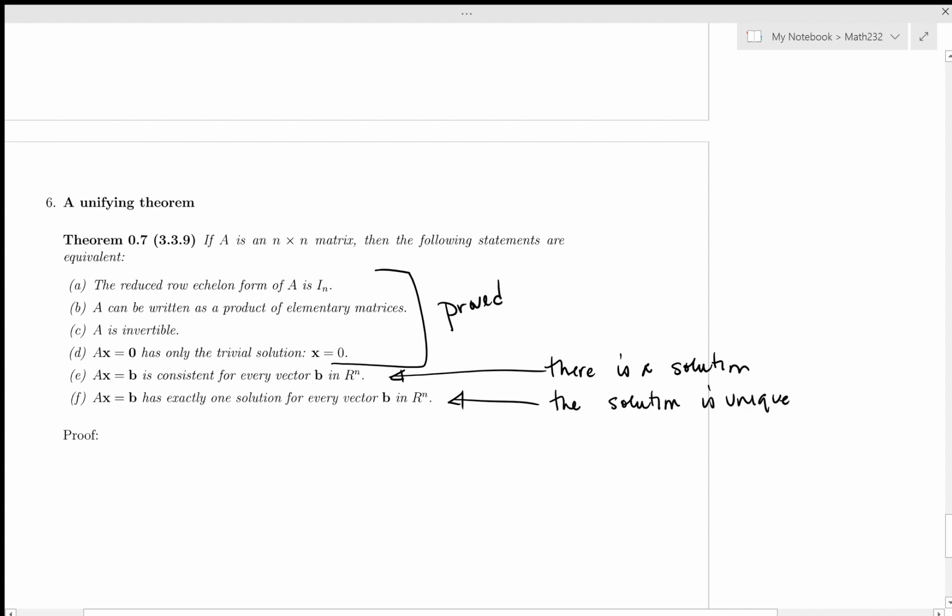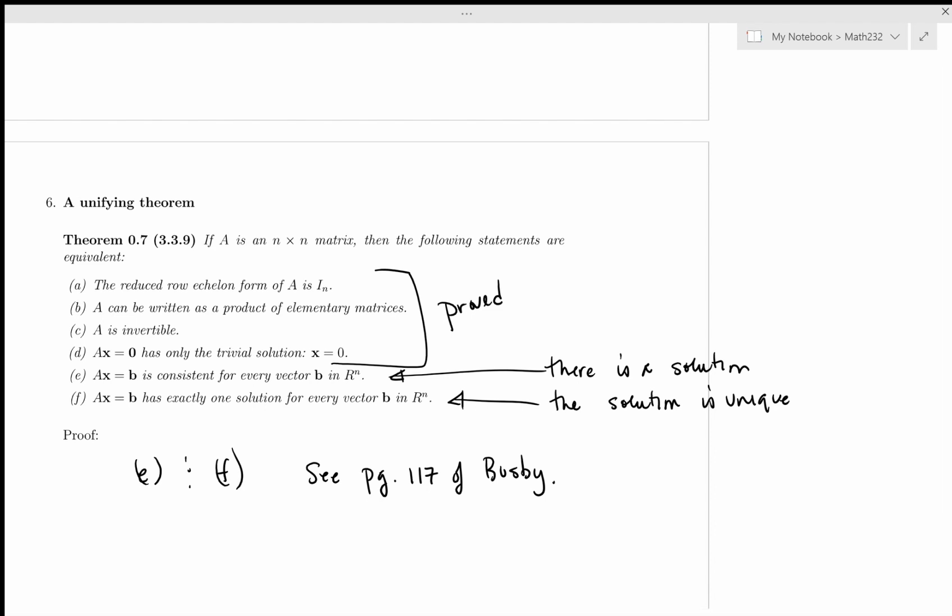Okay, we have proved A through D, and I will simply direct you to our textbook. E and F are proved in the textbook. See page 117 of the Busby textbook. Okay. All right, the main message for this lecture is that there are these things called elementary matrices.